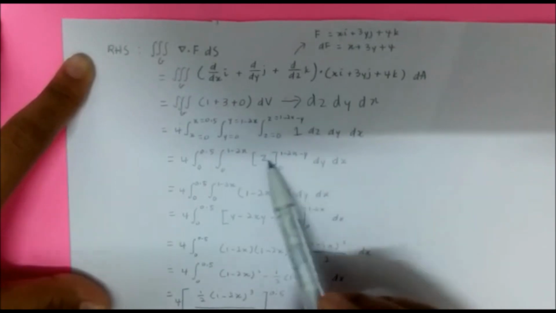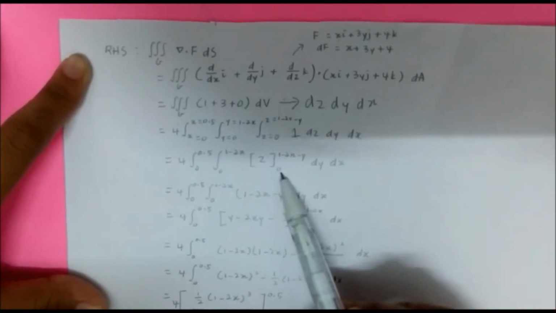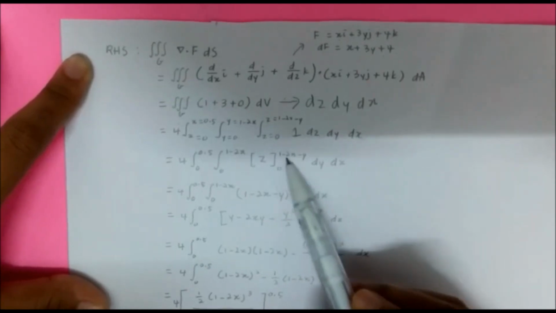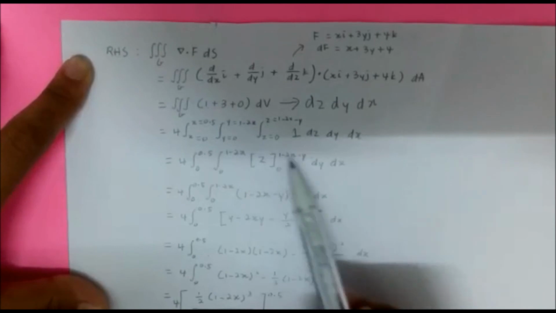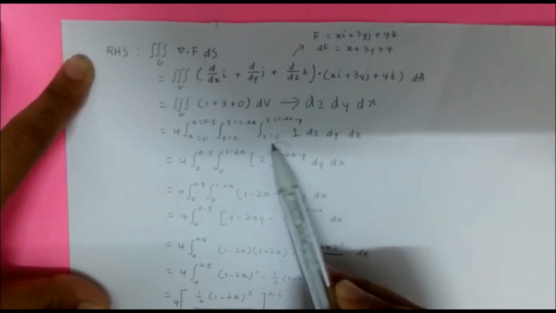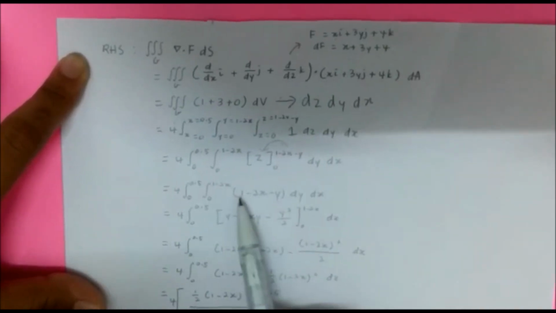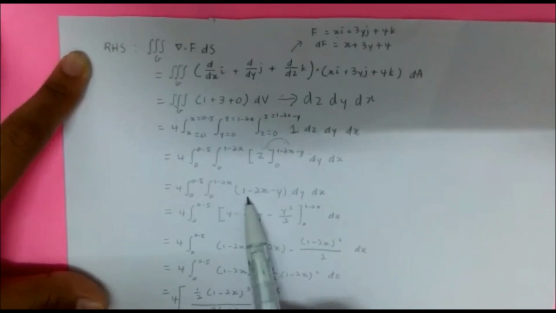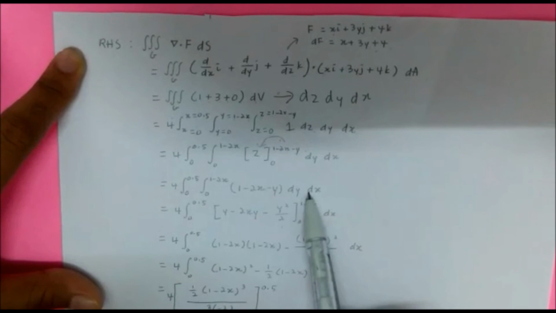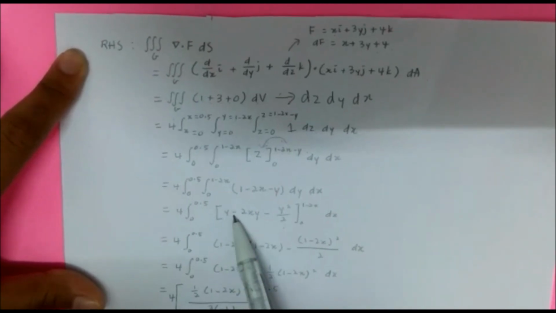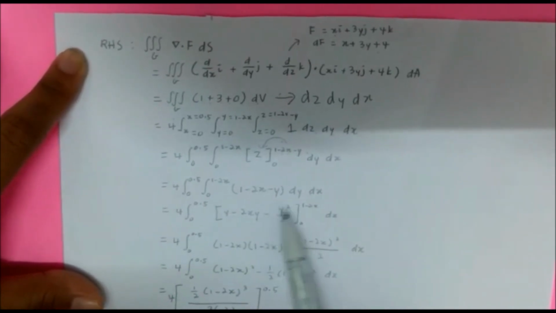So first we integrate for dz, and we got z, where the limit is 0 to 1 minus 2x minus y, and after that we substitute this value into z, and after substituting, we integrate for dy, where we got y minus 2xy minus y squared.